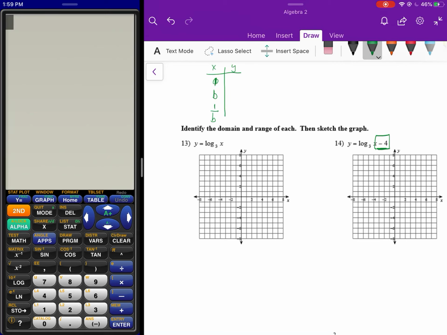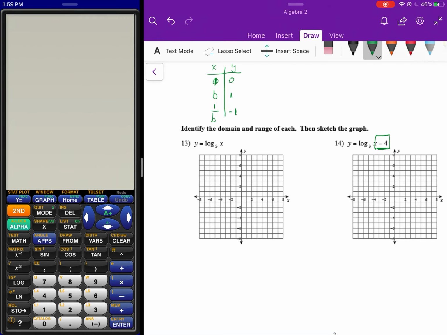When you plug in 1, you will get 0 for every parent function. When you plug in the base, you'll get 1, and when you plug in the reciprocal of the base, you'll get -1. And that's how you can graph each one.